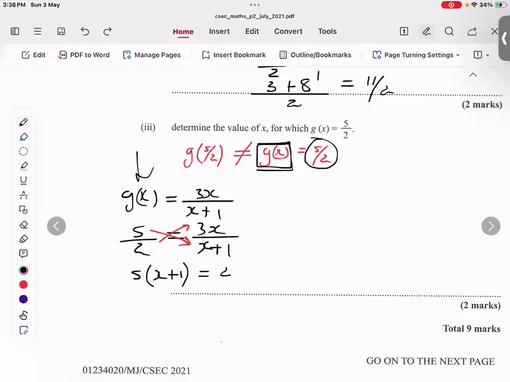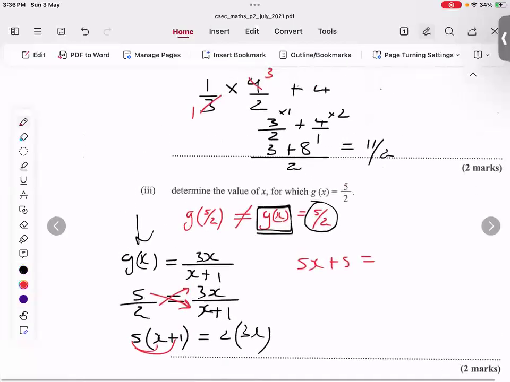Let me put it in a bracket. 5 times x is 5x, 5 times 1 is 5, equals 2 times 3x, 6x.